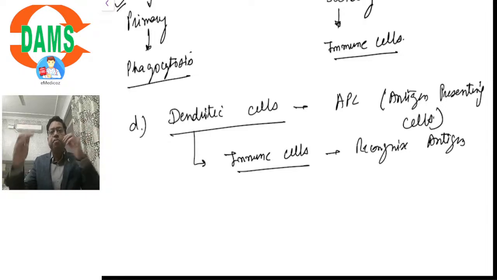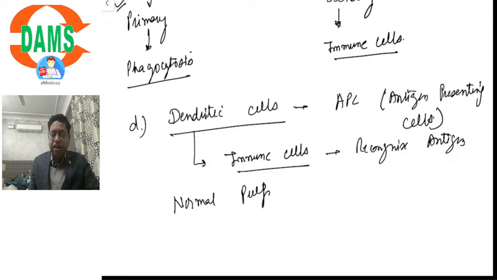So whenever there is some infection or invasion of the dental pulp by certain bacteria, viruses, or other microorganisms, they would be recognized by the antigen presenting cells, which present it to the immune system of the dental pulp. So in a normal, healthy pulp, these dendritic cells are present in the periphery.